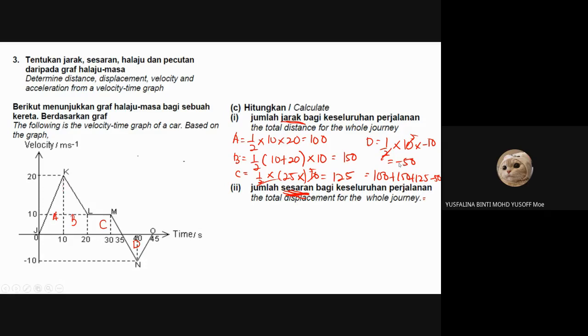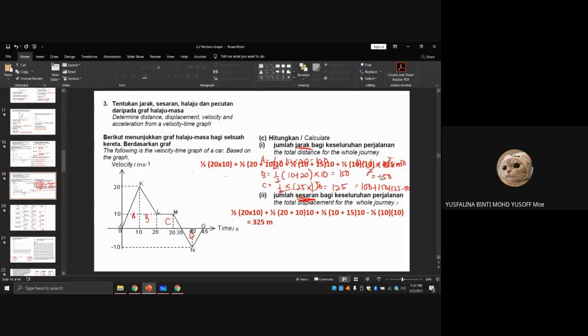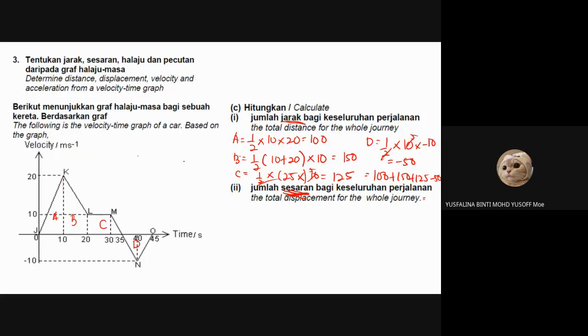Why did I take the negative part? Okay, I cannot erase it. So this one should be plus 50. Sorry, so this one should be 100 plus 150 plus 125 plus 50, which is 425 meters.